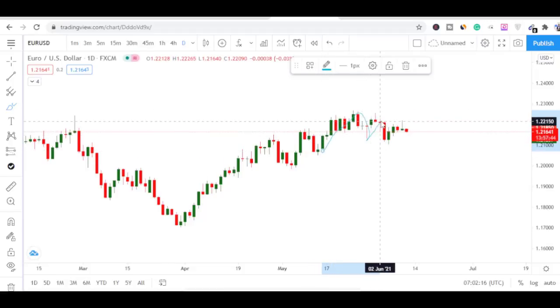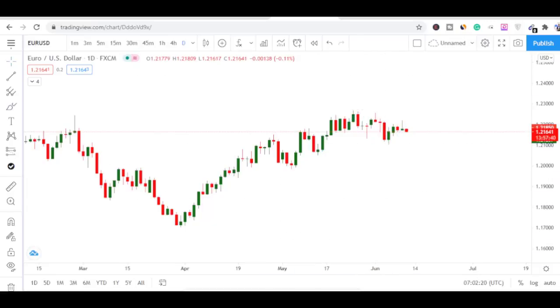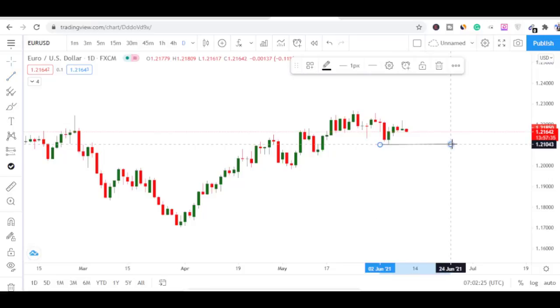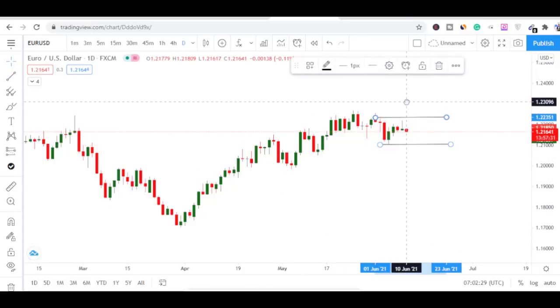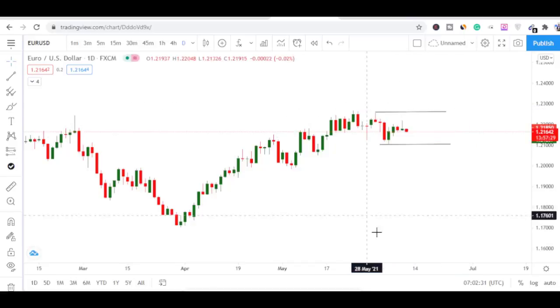You see, that's a swing, that's a swing, that's a swing. So this is our last swing point by implication. We have one here and we have another one here. We have another one there. Last swing, last candle responsible for the sell move.